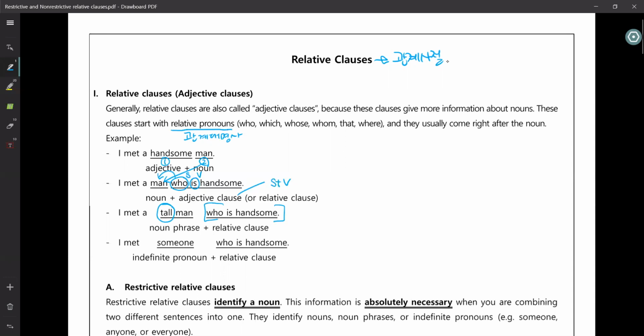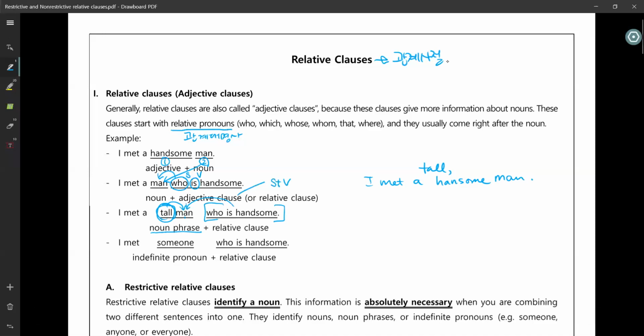Instead of just saying I met a handsome, tall man, which is okay, you can also say I met a tall man, but what kind of tall man was this? Well, he was handsome. We call this a phrase because it doesn't have a subject and a verb, but it's more than one word. Tall modifies the noun, and the relative clause also modifies the noun.